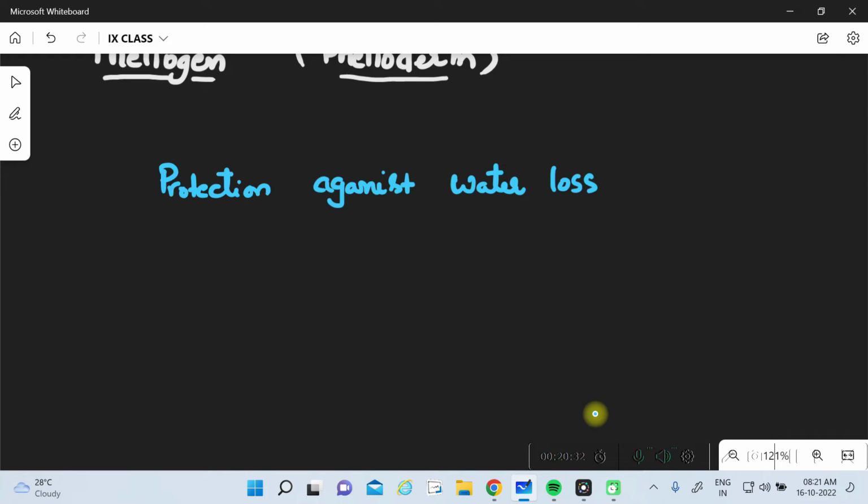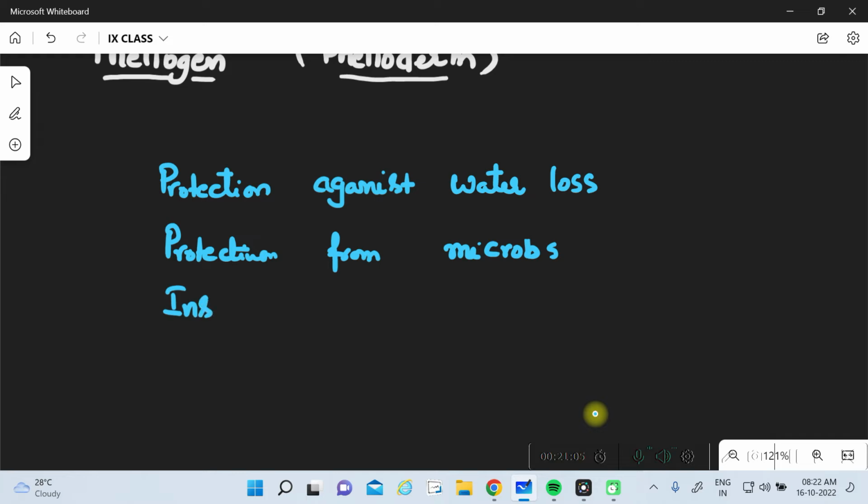Secondly, it helps in protection from microorganisms. Protection from microbes is another important feature of the cork, which doesn't allow the microbes to get into the plant. It prevents the entry of microbes. And secondly, it acts as an insulatory organ.